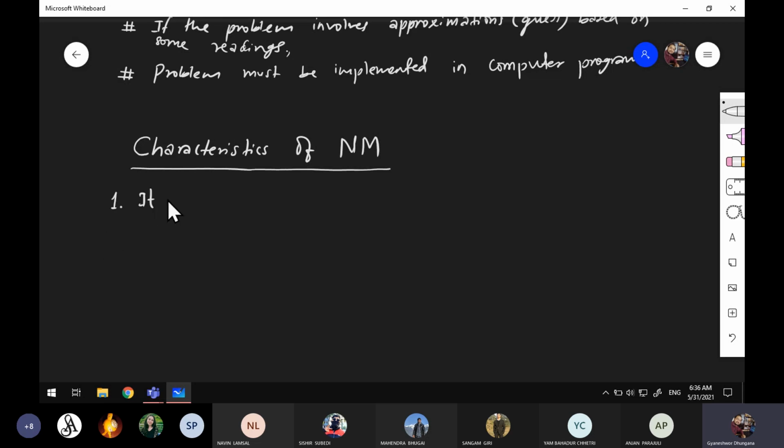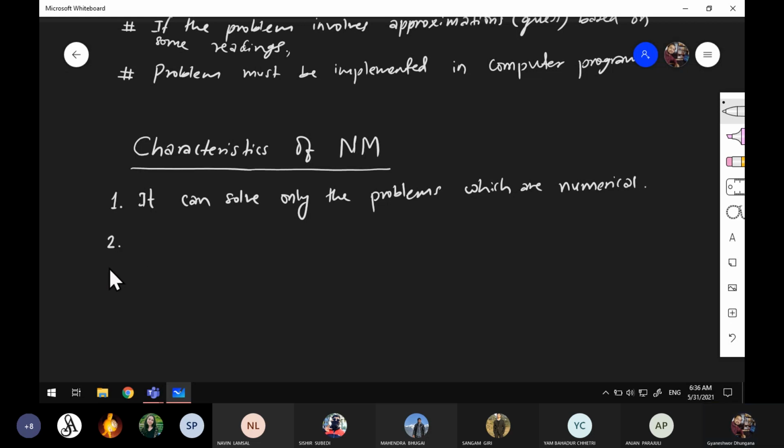So it can solve only the problems which are numerical. Any problem involving not numbers but dummy parameters cannot be solved.